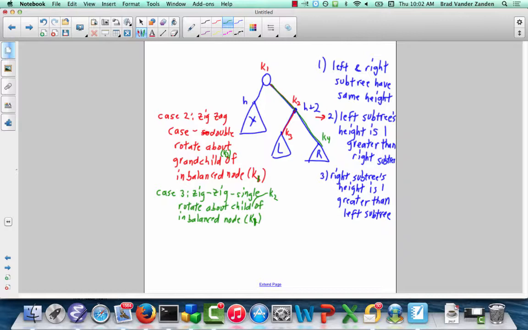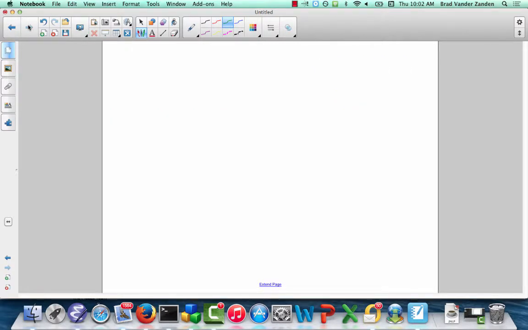Okay? So we haven't handled the first case where the left and right subtrees have the same height. Let's take a look at what that could mean concretely. Coming back here, we had 10, 5, let's make this 20, 15, and 25. So we delete 5, leaving us with this tree right here.